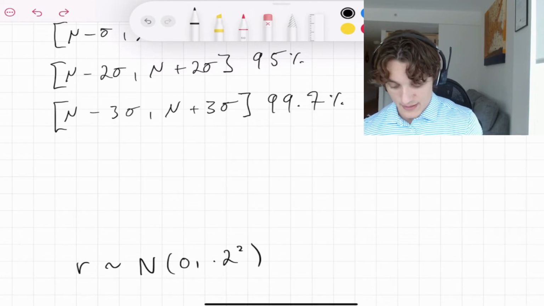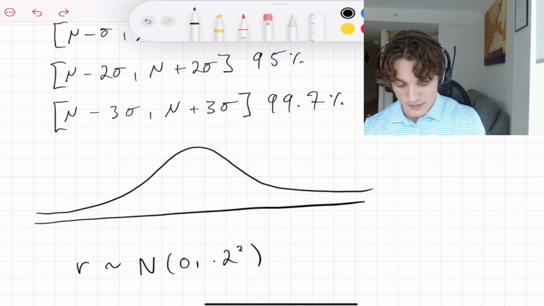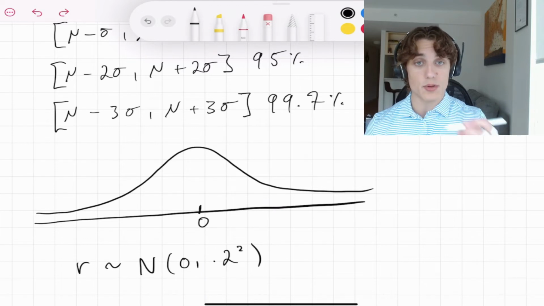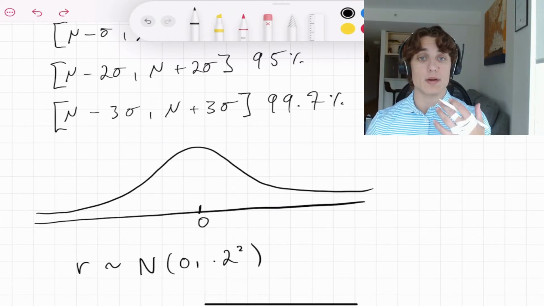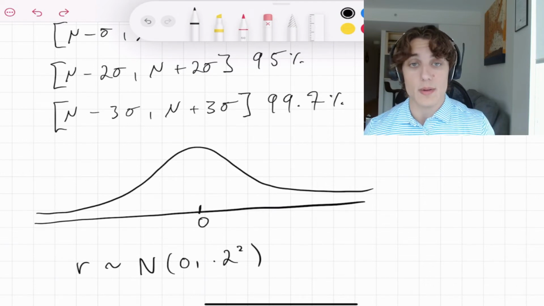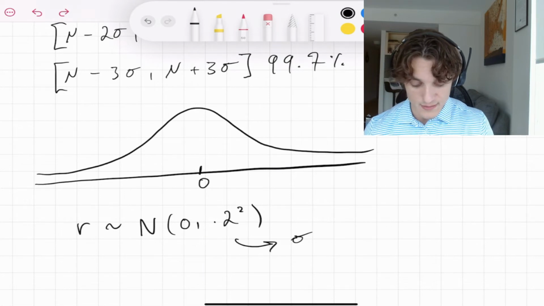Okay, so now if I was to plot this, we have our bell curve here. We know the mean value is 0, and we can go one standard deviation away from the mean in both directions and find where the return is going to be 68% of the time if it were to follow a normal distribution. So we know that the standard deviation is going to be equal to 0.2.